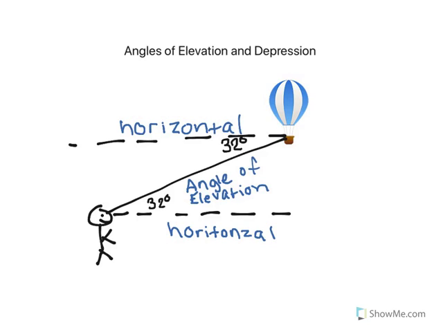That's going from my horizontal line of vision up to the hot air balloon. The angle of the person up here in the hot air balloon looking down at me would be the angle of depression.